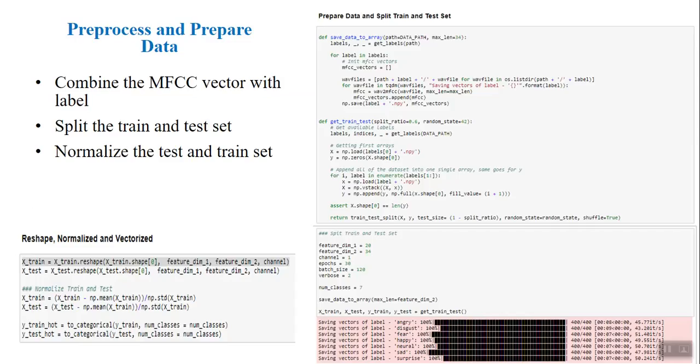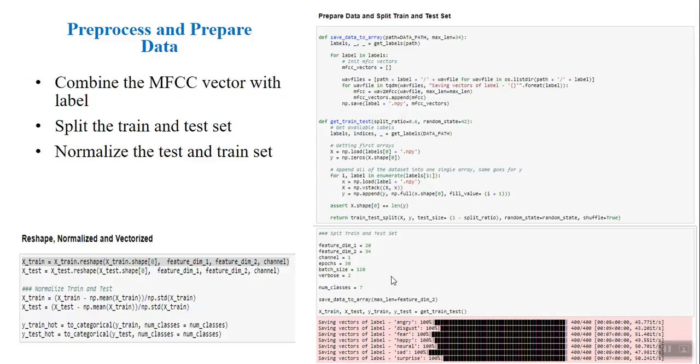Next, I want to pre-process and prepare the data. A lot of the code is from our class. First, I need to organize the data and the labels, and split the train and test sets.